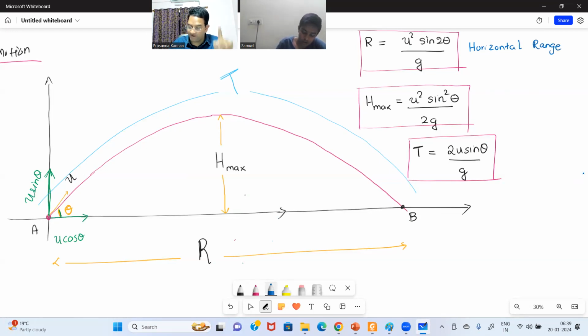H max is the maximum y distance, which is called the maximum height. It's called the time of flight. Projectile motion is very important from a competitive perspective also. Even the derivations are important because, especially in competitive exams, there can be questions from in between the derivation.